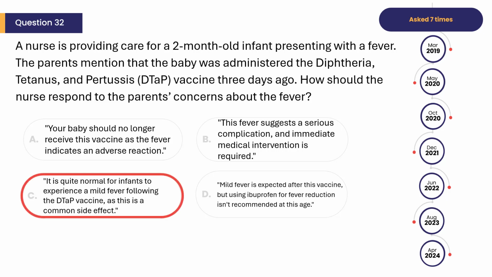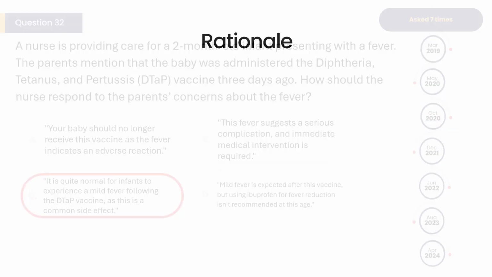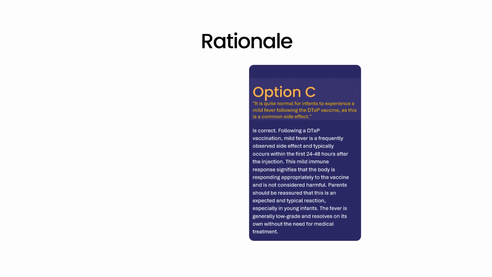It is quite normal for infants to experience a mild fever following the diphtheria, tetanus, pertussis vaccine, as this is a common side effect. C is correct. Following a diphtheria, tetanus, pertussis vaccination, mild fever is a frequently observed side effect and typically occurs within the first 24 to 48 hours after the injection.